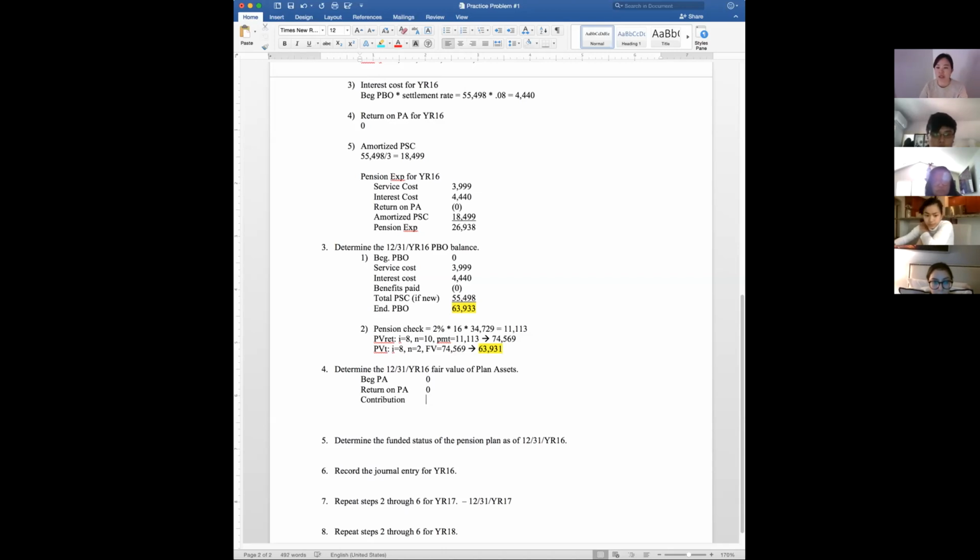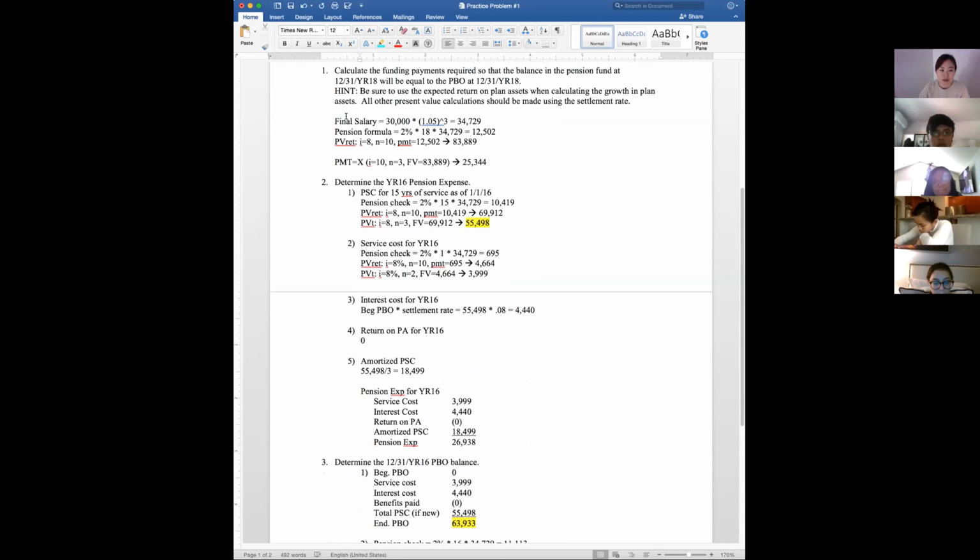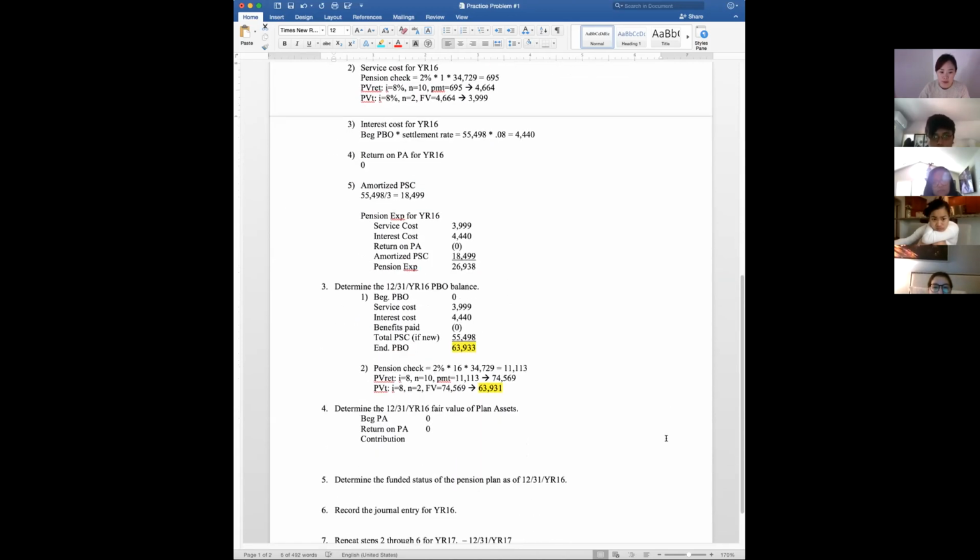This contribution is how much the company saves into the pension plan. In number 1, we calculated that the company will make this $25,344 contribution toward the pension plan at the end of each year for the next 3 years. Therefore, our plan asset increases by this contribution of $25,344.